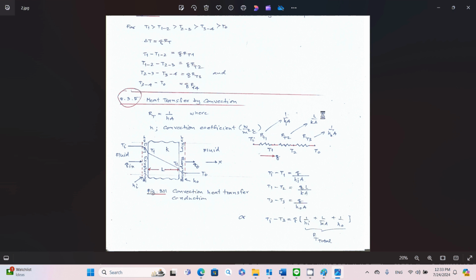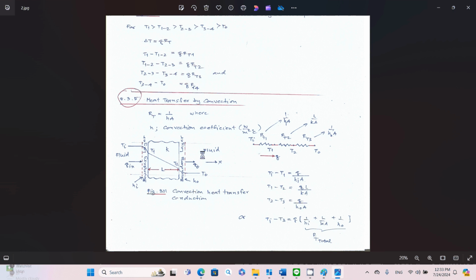Okay, in this case, you have the heat transferred from the left to the right through the air layer, and you have heat transferred by conduction, and then out of the system through the boundary layer, and that's the air or fluid.